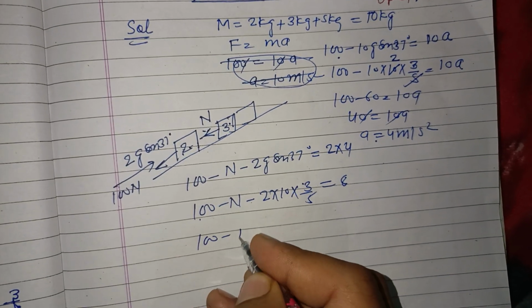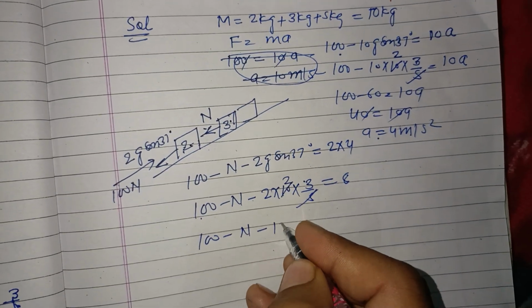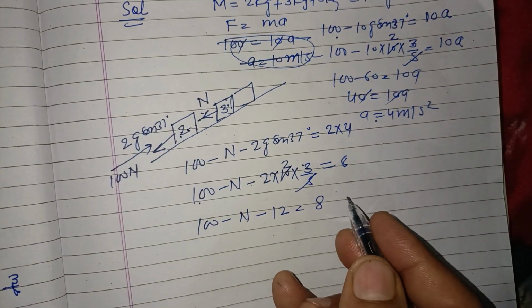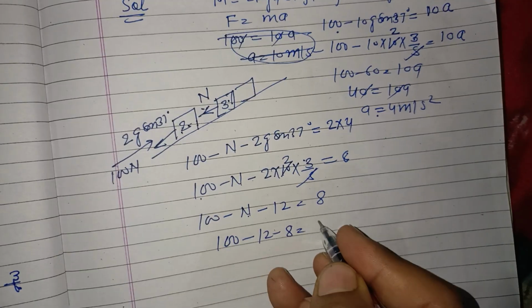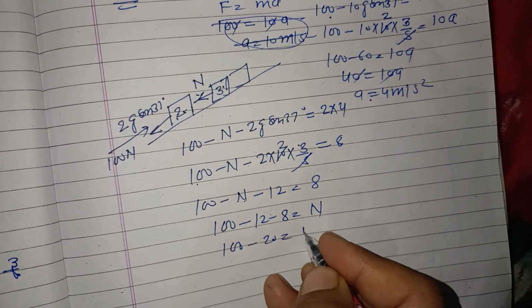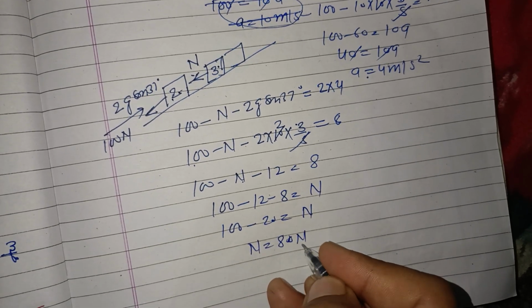So 100 minus N minus 12, that equals 8. So taking N on the other side, 100 minus 12 minus 8 equals N.